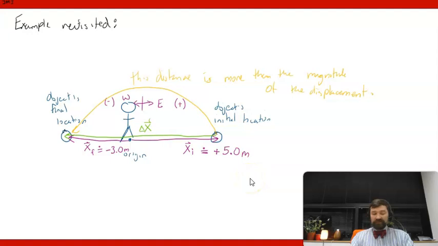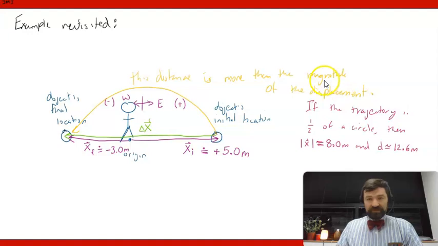So you'd have 4 pi meters, or if you prefer, 4 times 3.1415, etc. You'd get about 12.56, so call it 12.6 meters.